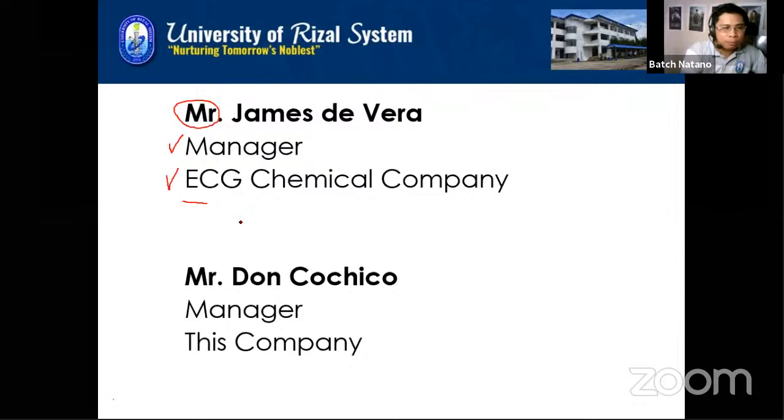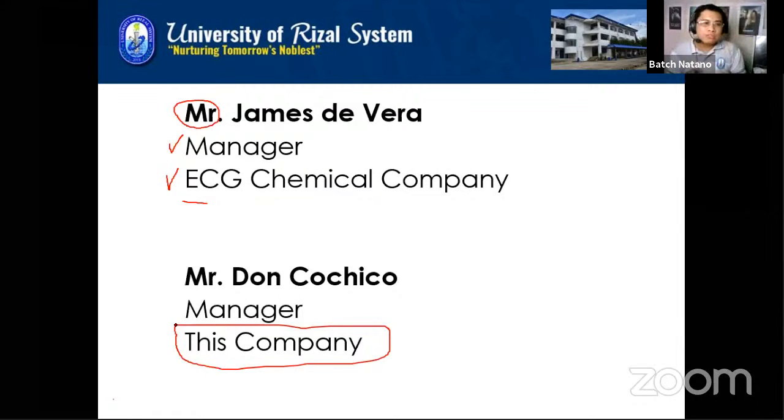In our next example, you notice that I use "this company." Okay? When do we use this kind of format? It is only used if and only if the communication is within the organization or within the company.